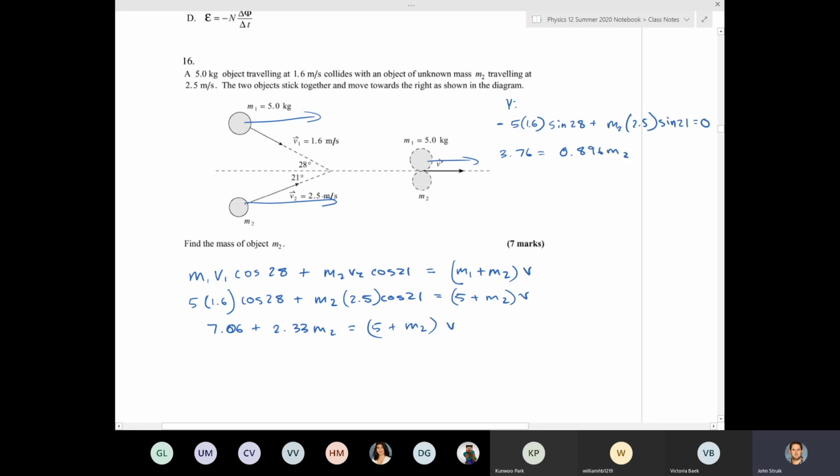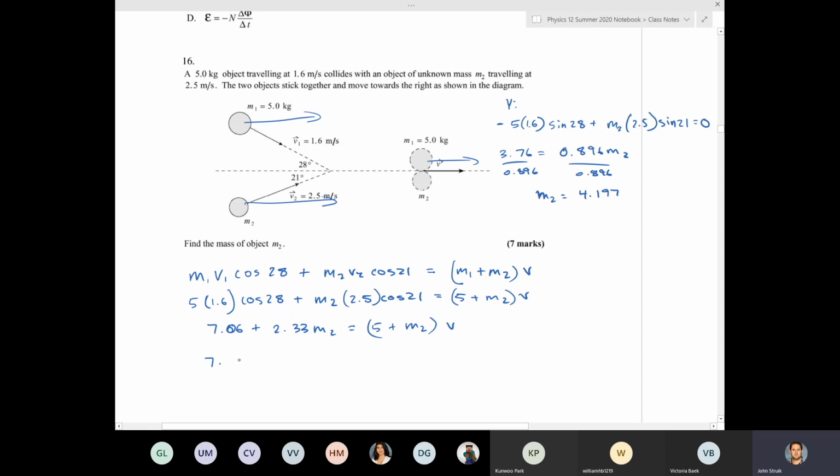And then I can solve for m2. So divide both sides by 0.896. 3.76 divided by 0.896. So then m2 equals 4.197. And then I plug that into my next equation.